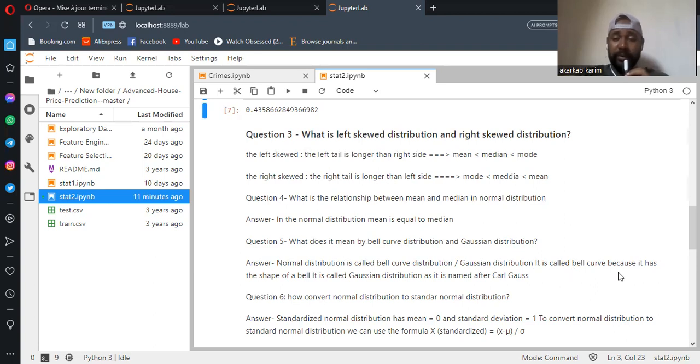It's called the bell curve because it has the shape of a bell. It's called Gaussian distribution as it is named after the scientist Carl Gauss. We have this curve like that, a beautiful shape. We have similarity, and I will show you that later.